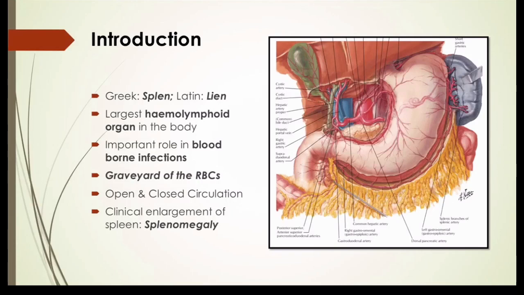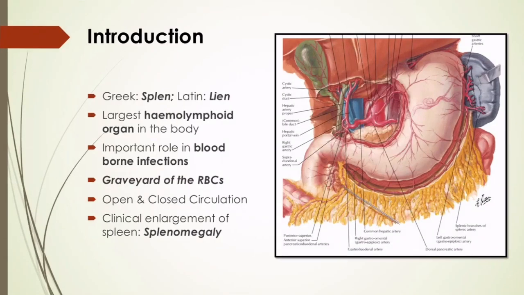So spleen is famous for its capillaries, the splenic capillaries, and we'll study more of that in histology. What are ellipsoids, what are stave cells, and also the splenic macrophages, which are extremely efficient in killing the old RBCs and then recycling the heme part, the porphyrins, etc.